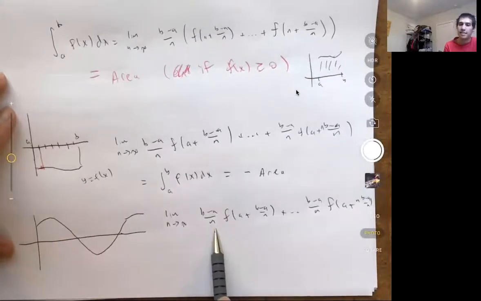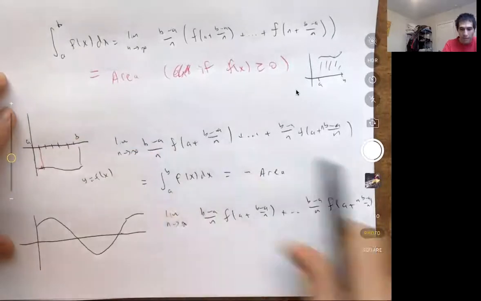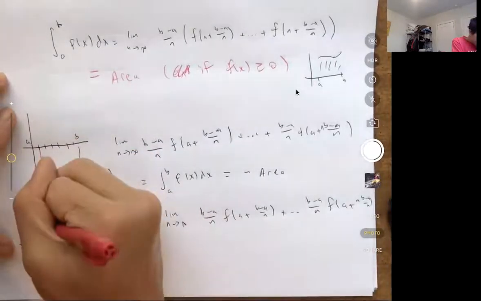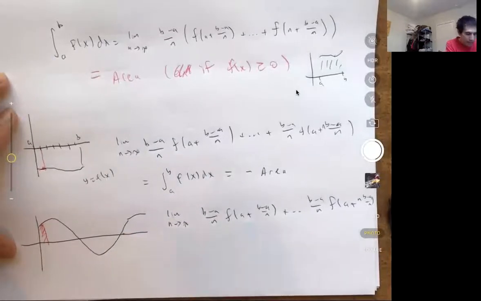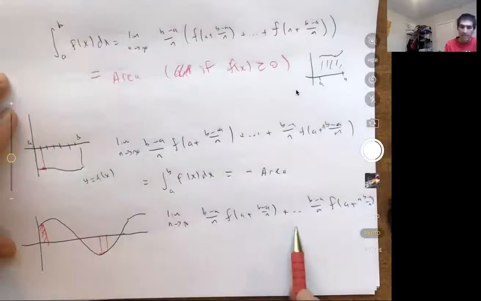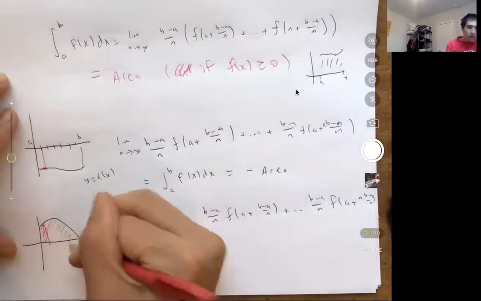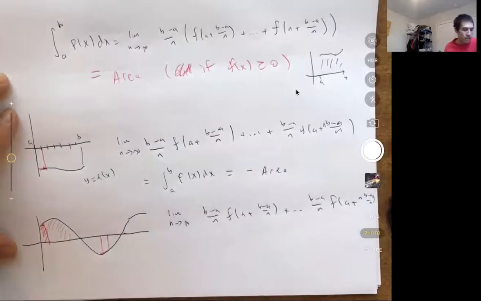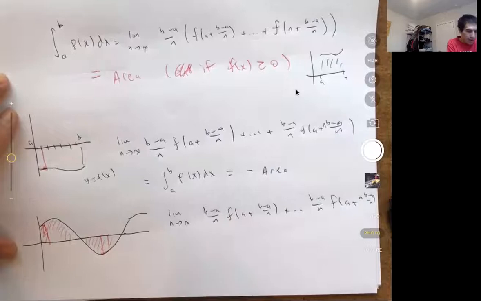So each base is positive, but the height depends on whether f is above or below the x-axis. Like in the beginning here, this is going to calculate a positive quantity. But then when I get to around here, each of these terms is going to be negative because the f value is negative. So it's going to add up rectangles in this region, it's going to subtract off rectangles in this region, and it's going to add up rectangles in this region.